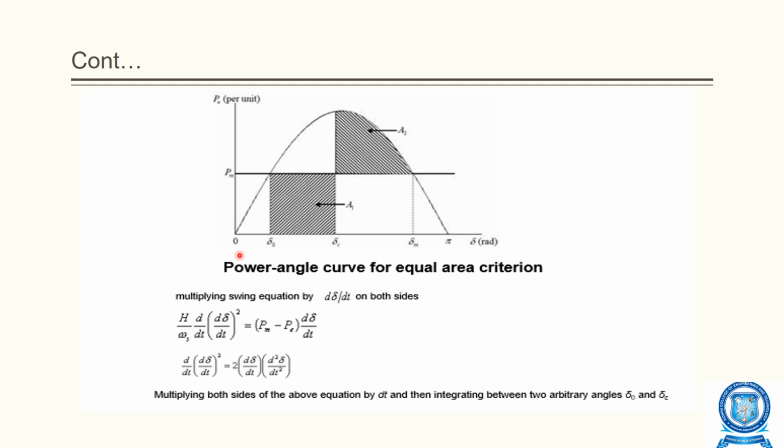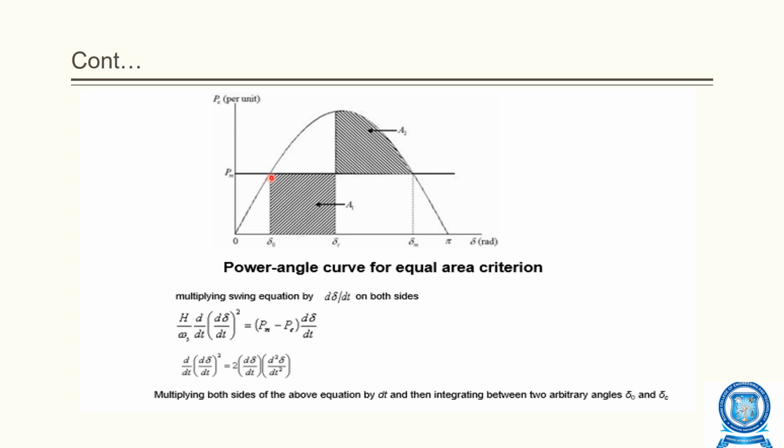Now with respect to this figure, a machine is operating, let us take this delta naught corresponding to mechanical power input. This input power is taken as Pm naught, which is equal to Pe naught at this point. Both Pm and Pe are equal at this point.